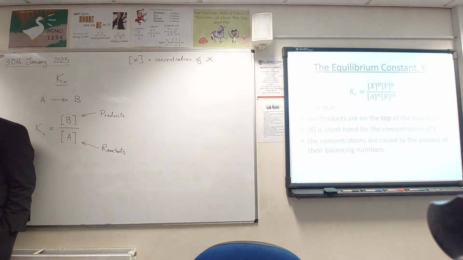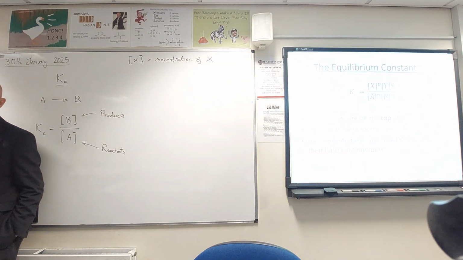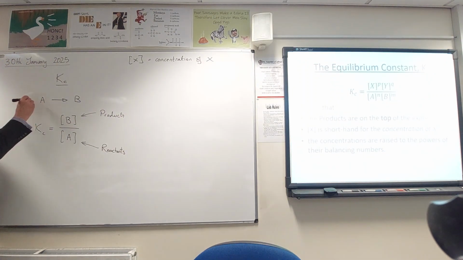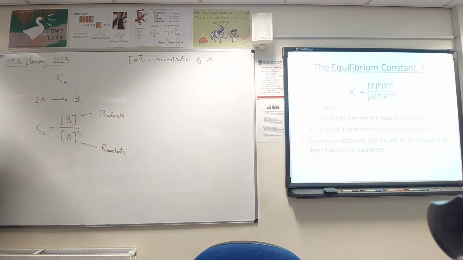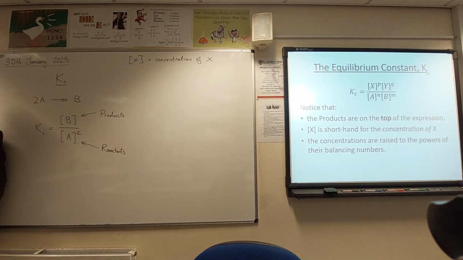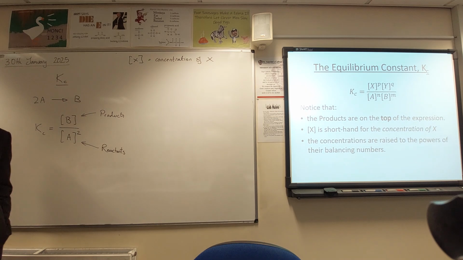And lastly, the concentrations are raised to the powers of their balancing numbers. So if I had 2A goes to B, it would be concentration of B over concentration of A squared, raised to the power of 2. Okay, that's quite a lot to take in one go.